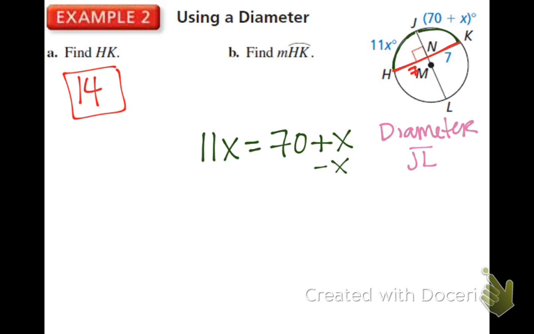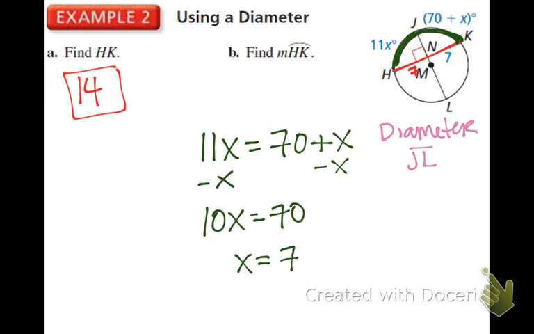So subtract x. So x equals 7. Did it ask me what x was? No, it asked me to find HK, which is the whole arc. So 11 times 7 is 77. 70 plus 7 is 77. So we have 77 plus 77, so we get 154.